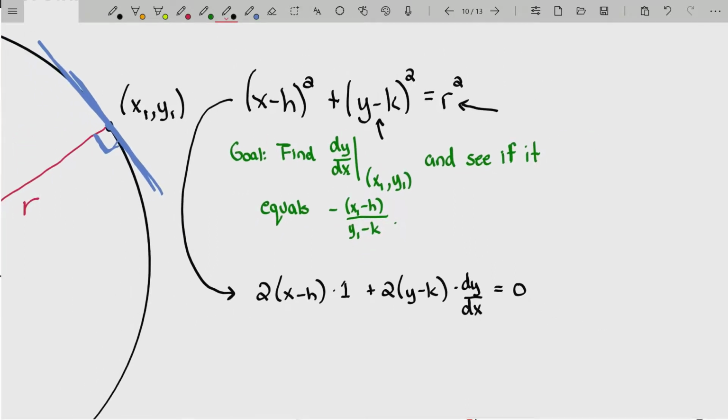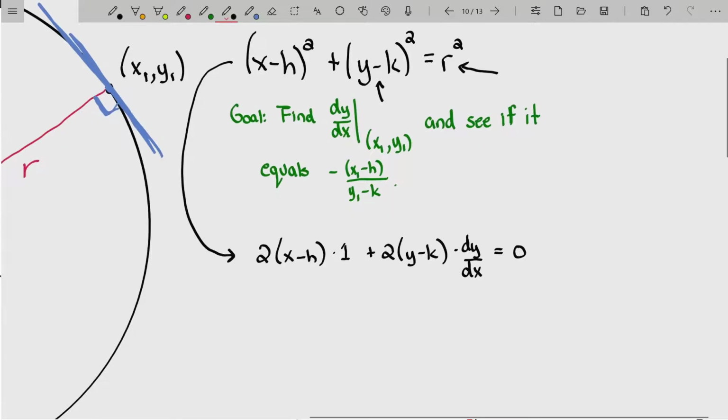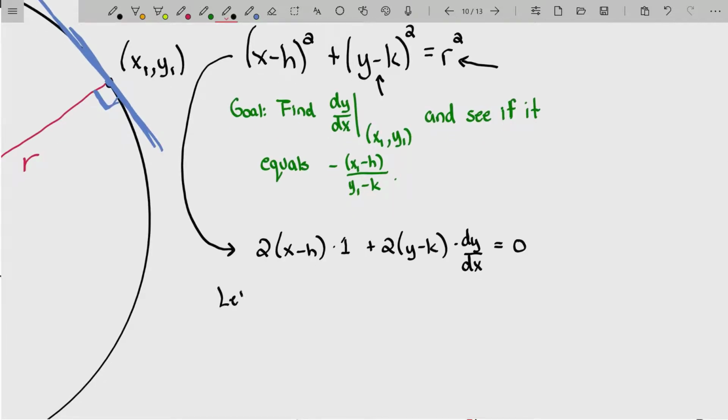And now what I can do is I don't actually need to solve this for dy dx quite yet. I could go ahead and substitute in the values x1 and y1 for x and y. So let x equal x1 and y equal y1.